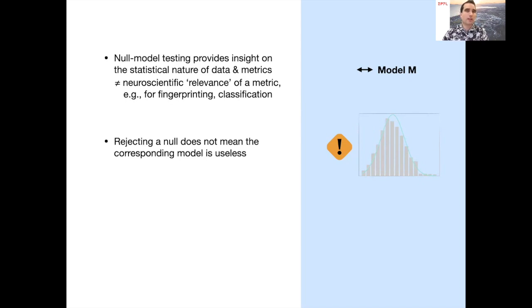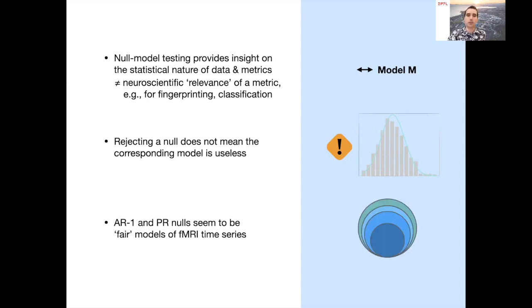Rejecting the null essentially does not discard the use of this null model. And the best example for this is the use of the correlation matrix that is preserved by a null, the multivariate Gaussian, that is very easily rejected for fMRI time series.